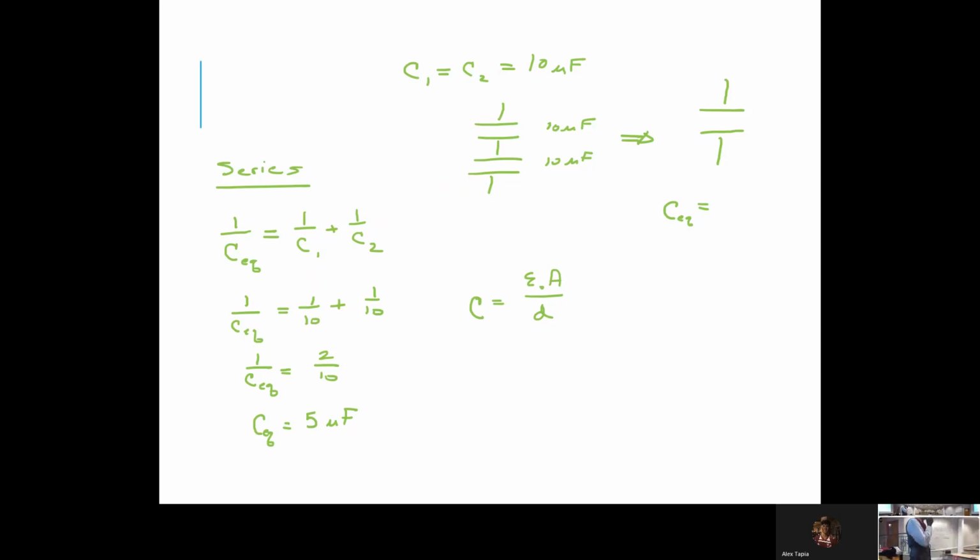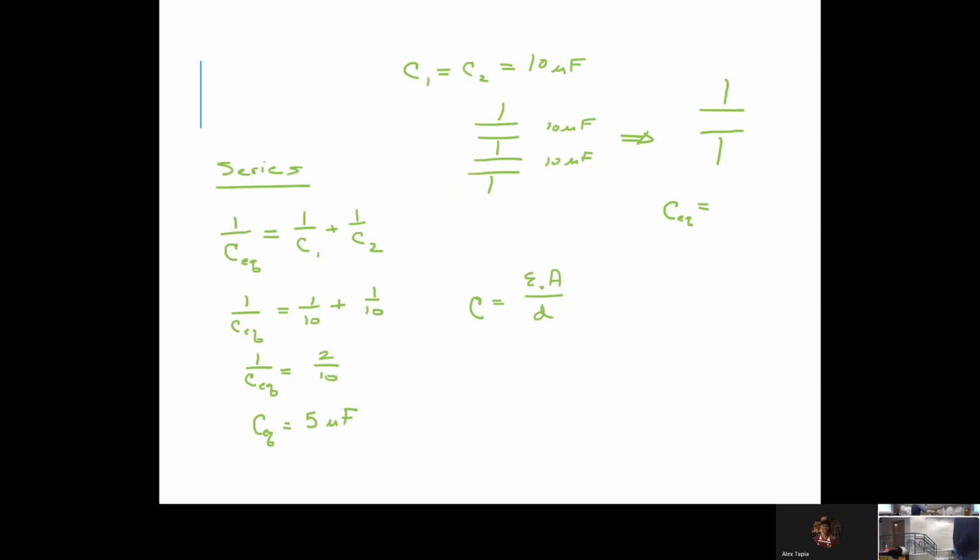So what's the point of having a series then? Why would you have them in series? The potential drop. Okay, so if the two capacitors are the same, yeah.